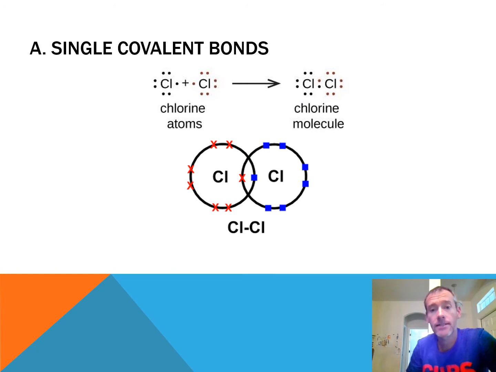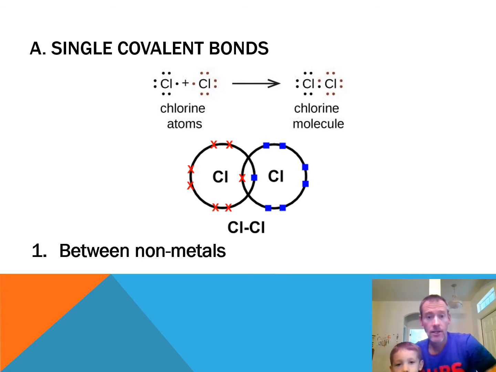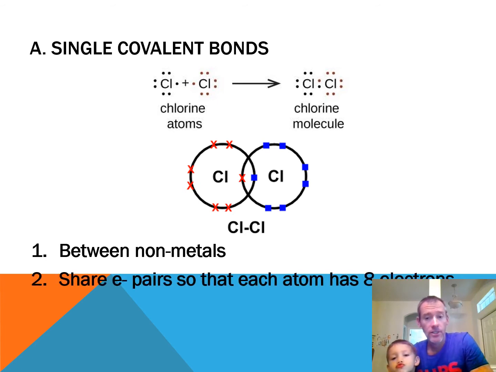All right, covalent bonds. Covalent bonds are the sharing of electrons. The key thing with covalent is that they have to give you 8 electrons around the ring. Chlorine has 7 valence electrons. These are always going to be between nonmetals. They're going to share electrons to give you 8.